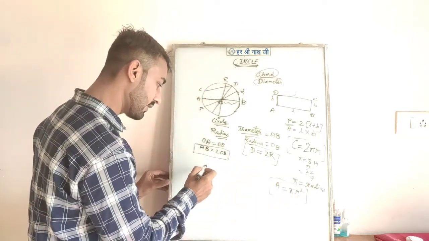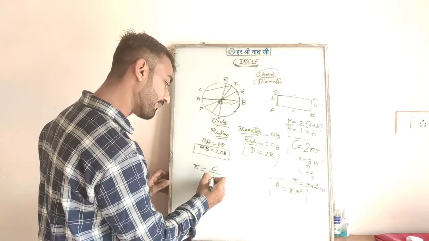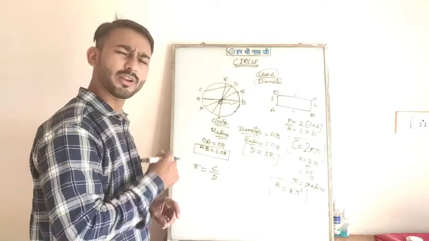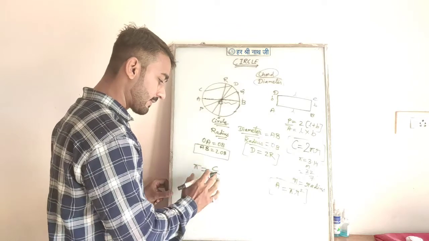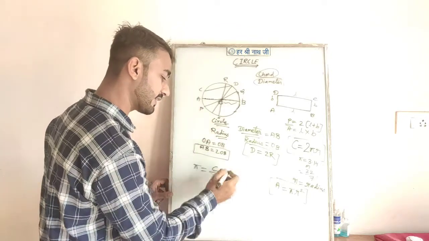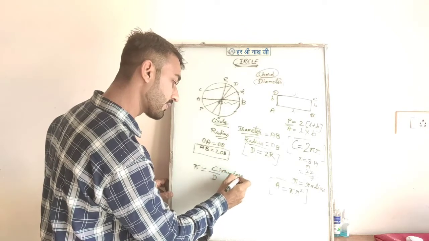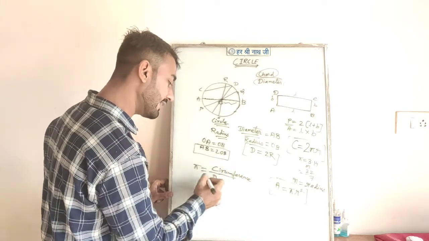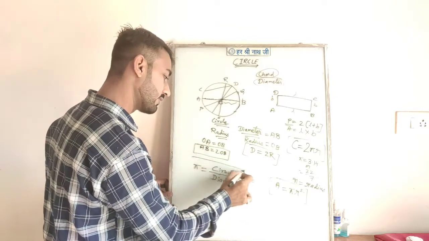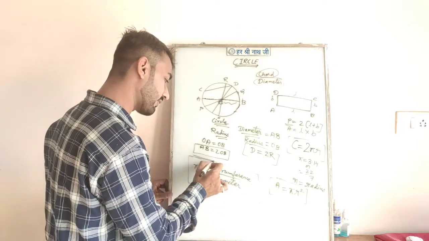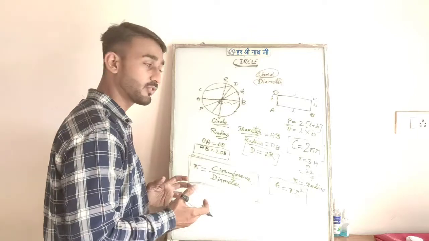See, the value of pi is c upon d, which is always fixed for any circle. Why? Because c here for the circle represents the circumference and d here represents the diameter of the circle. The most important and basic question, I should say conceptual question.